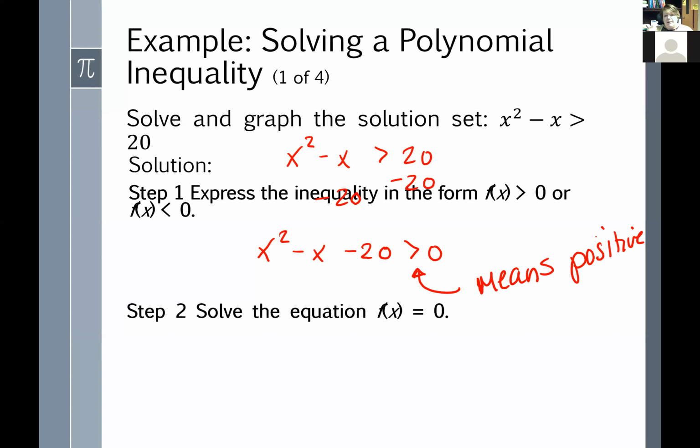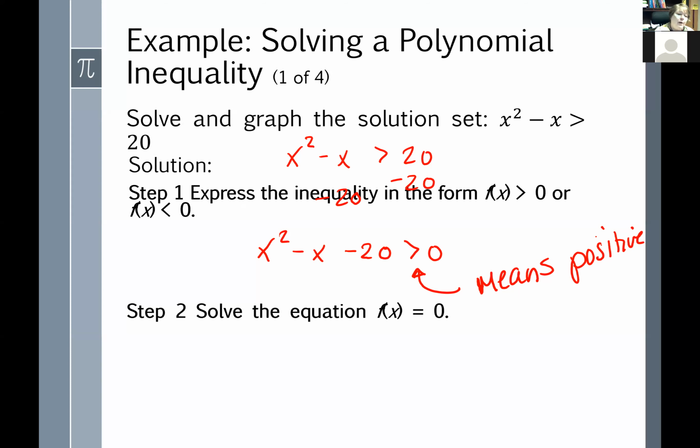So when we plug in our test values, we're interested in whether the value of my function is positive or negative. Where it's positive, that's my solution. So x squared minus x minus 20 greater than 0 means it has to be positive, greater than 0.